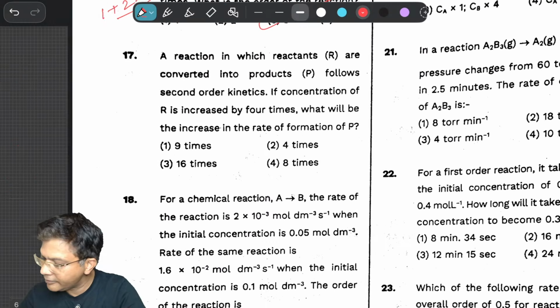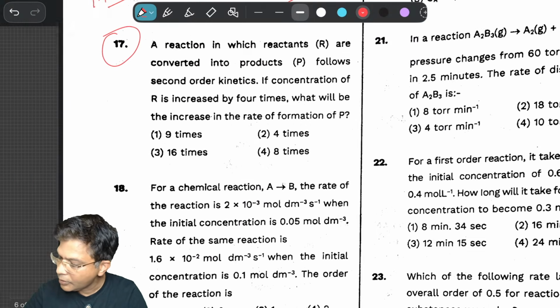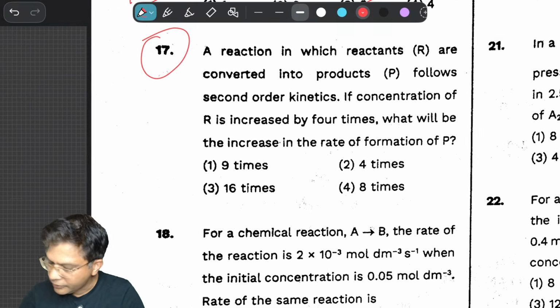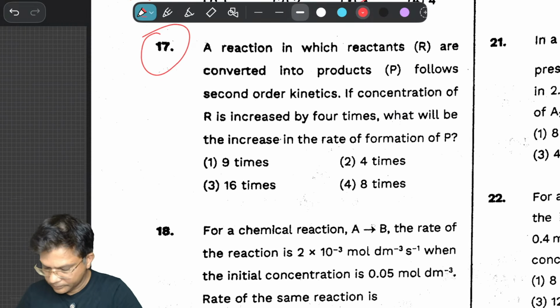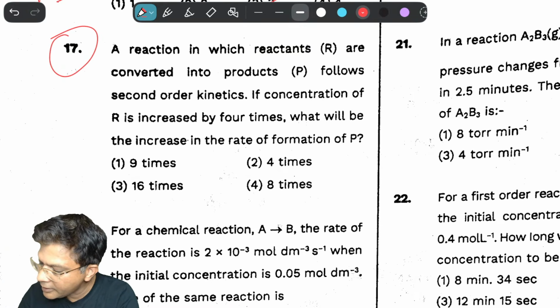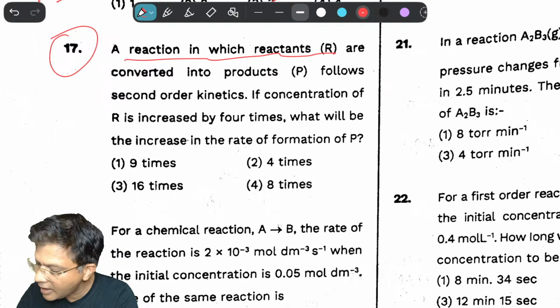Now question number 17. Just see. A reaction in which reactant R is converting into product follows second order kinetics.